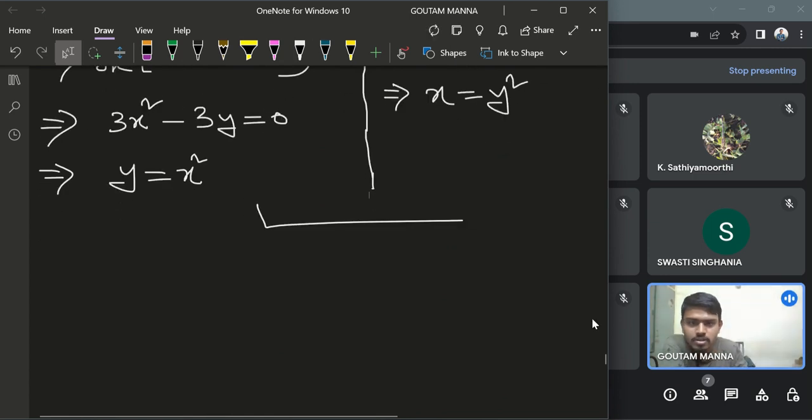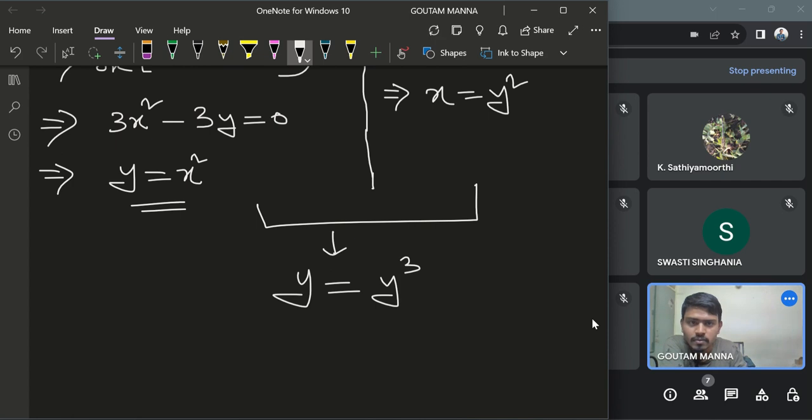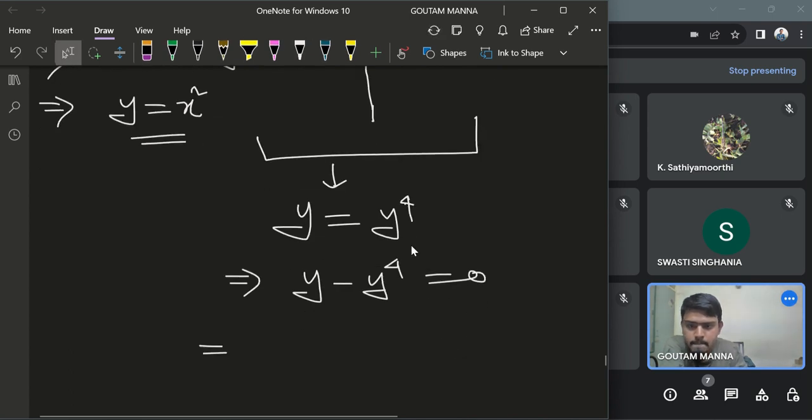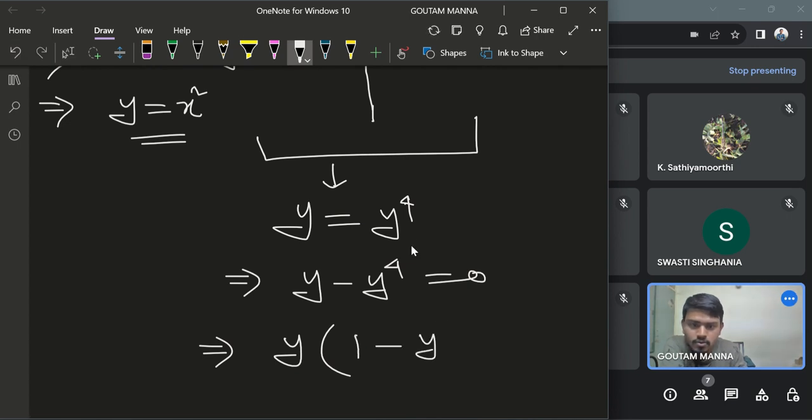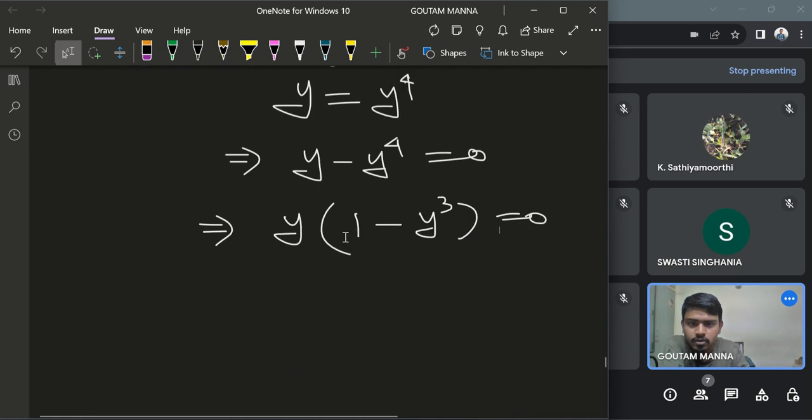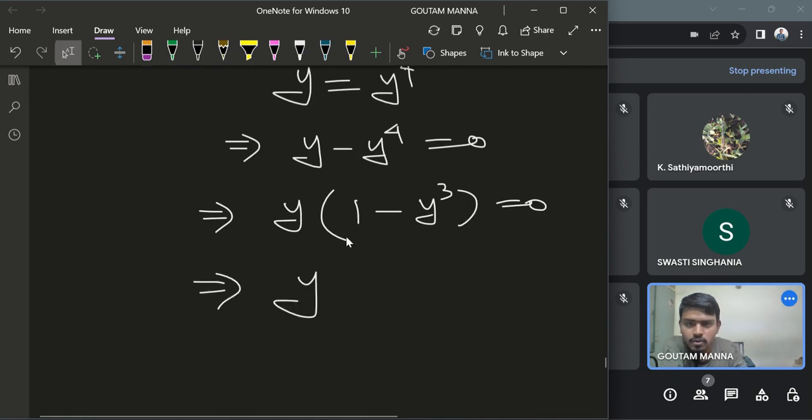From these relations, if you put x equals y square here, it will be y equals y to the power 4. X is y square, so then it will be y minus y to the power 4 equals 0, and so y times (1 minus y cube) is 0.